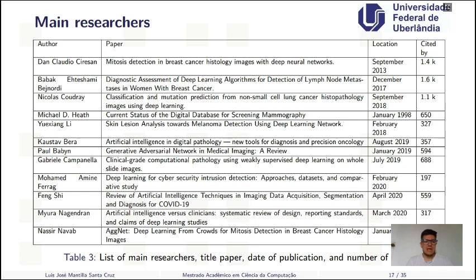But the main actors, we have a small list of the most important actors or authors for medical image analysis. And they are working with artificial intelligence. And we can see that many of them have presented many articles that are really interesting and highly cited by the community.